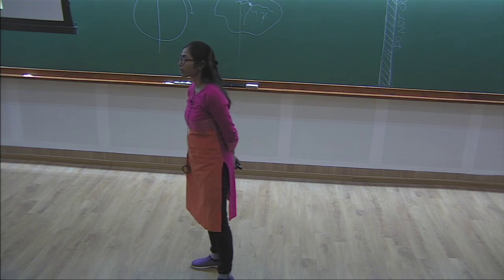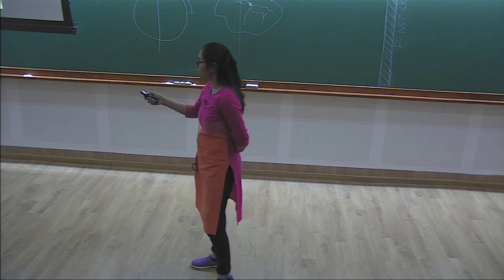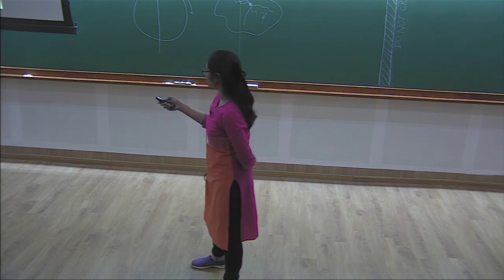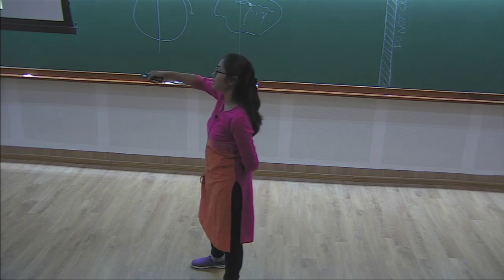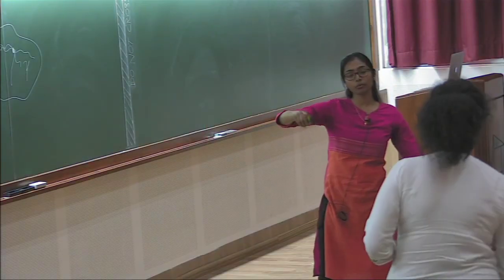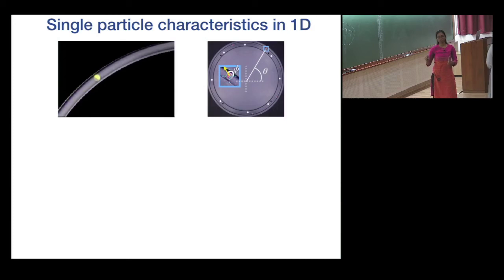If you look at this video, you can see that since it is in 1D, the orientation changes by exactly pi. It's in confinement, so phi changes exactly by pi. It's not a continuous number like in 2D run and tumble particles.